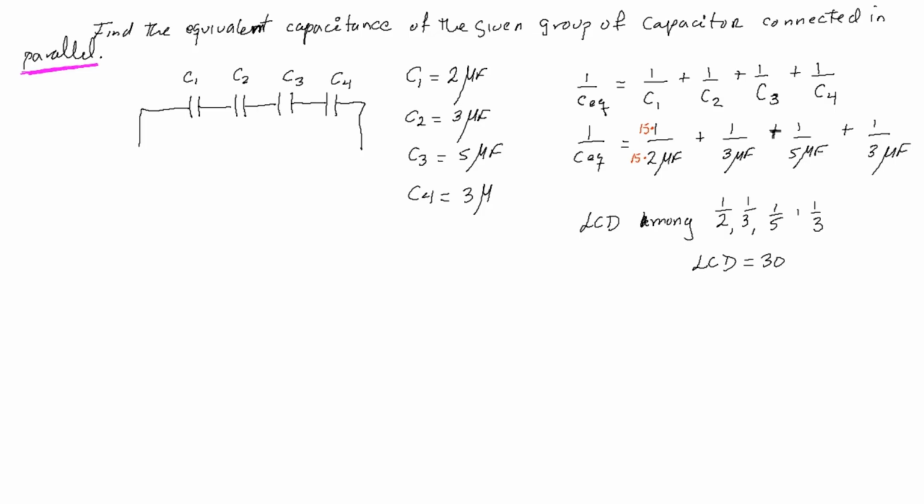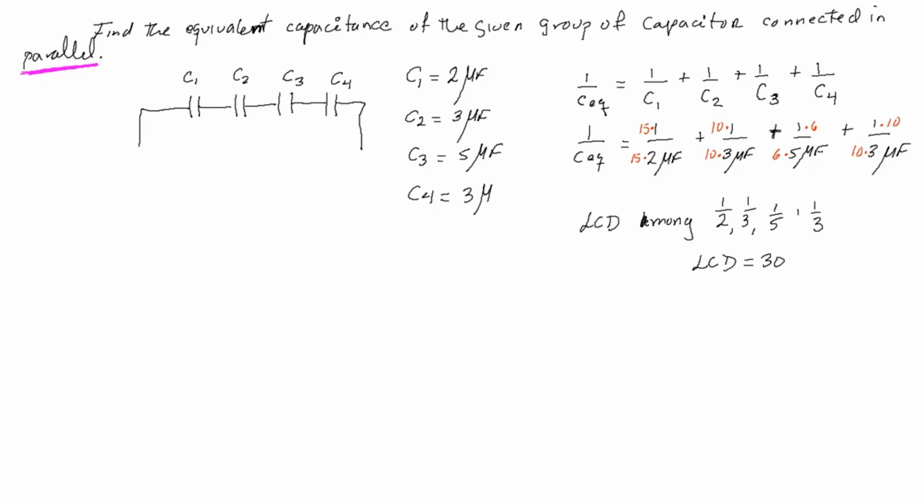For the 3, I want to get 30, so we multiply by 10, and we multiply above times 10 also. For the 5, we multiply times 6, because 6 times 5 is 30, and I multiply above times 6 also. And then I multiply the last one times 10, because like that I get 30, and I multiply the numerator times 10 also.